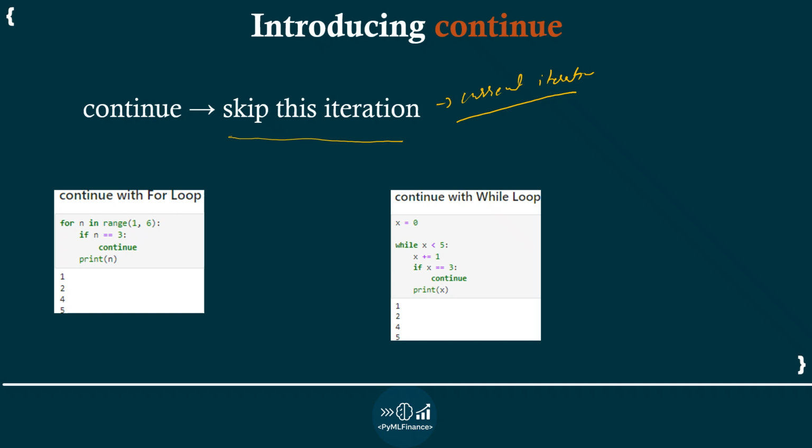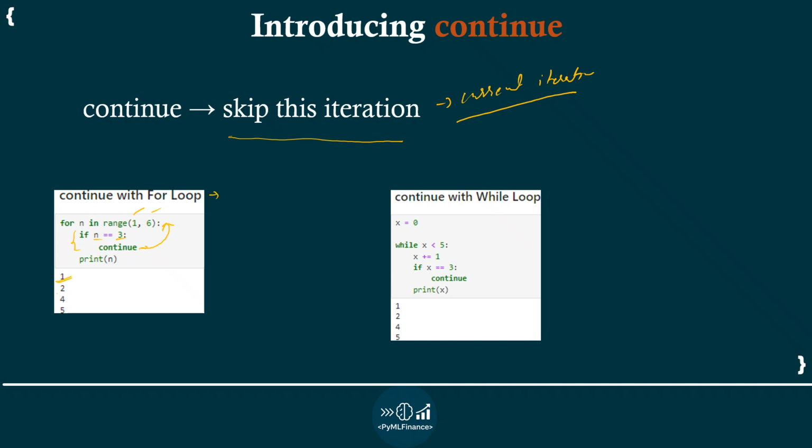Coming to the for loop, here we are running the for loop starting from 1 until 6. In between we have added a condition: whenever n is equal to 3, we don't want to print, we simply want to continue with the loop. So Python will simply come back here and continue the normal iteration. For n equal to 1, the condition was false, so 1 was printed.